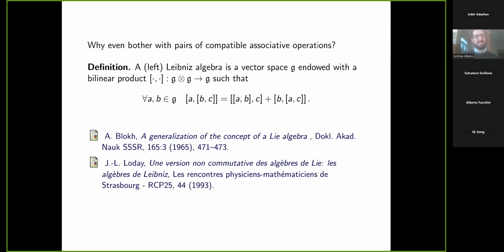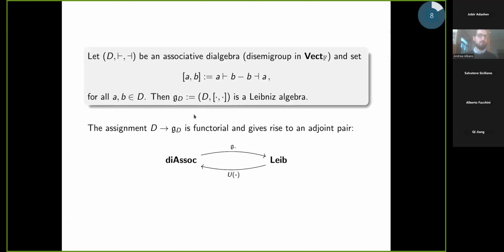And of course, given the usual classic relationship between Lie algebras and associative algebras, and many other ingredients that I'm not talking about here, one can wonder, what about Leibniz algebras? Well, what Jean-Louis Loday was interested in is basically transporting what I was saying before into the realm of Leibniz algebras.